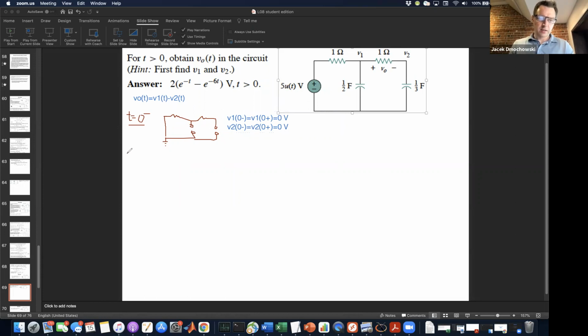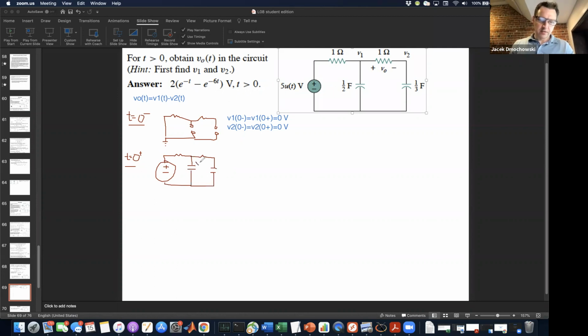Now we flash forward to time equals 0 plus. And this is when the battery becomes active. So we're going to draw that. So this is the condition that you usually get to get your initial derivatives. And you will see that that is exactly what we're going to get. The resistors here are 1 ohm, which makes the math a lot simpler.